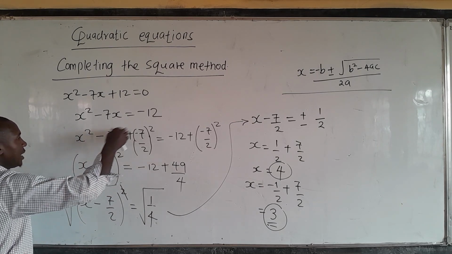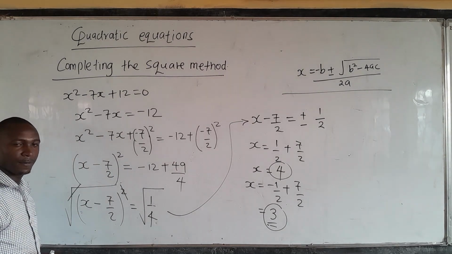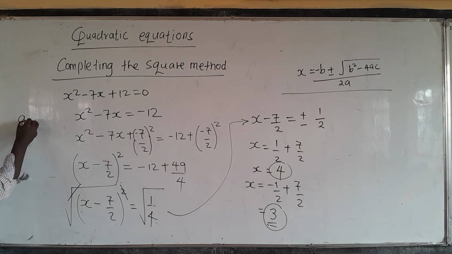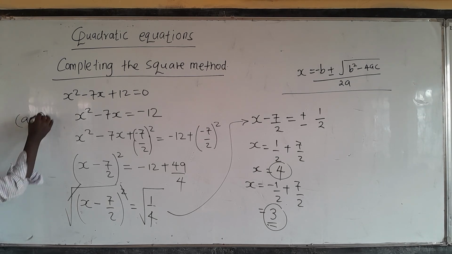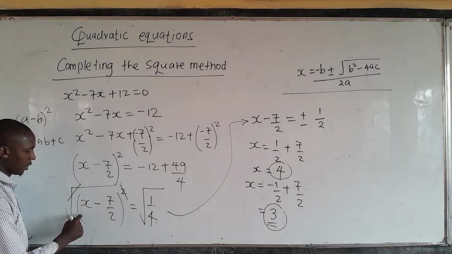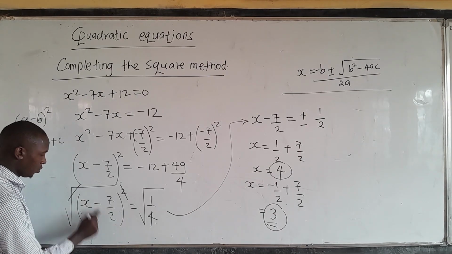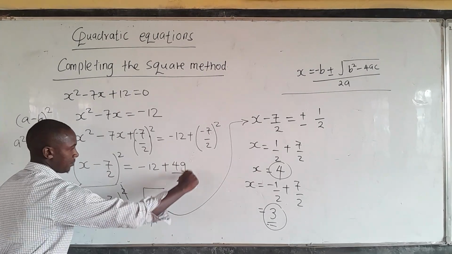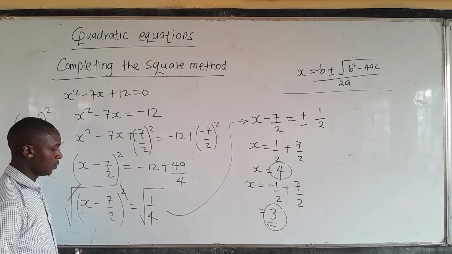Whatever is on the left hand side will be what we call a perfect square, and that is how we factorize it. If you can remember that a minus b squared can be written as a squared minus 2ab plus b squared, that is why we have x minus 7 over 2, squared, which equals, when you simplify, 1 over 4.